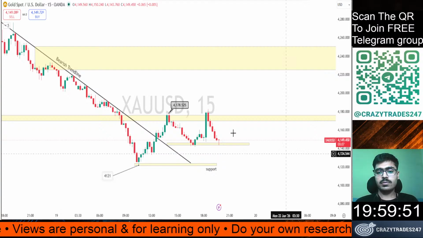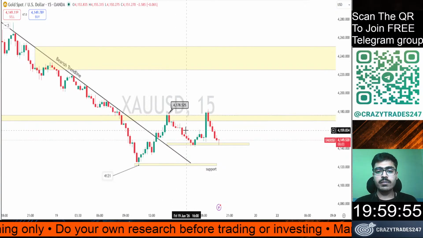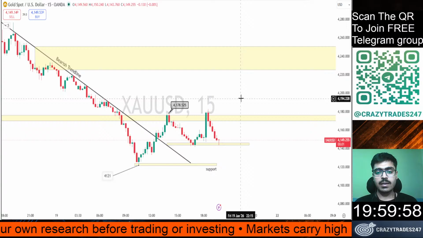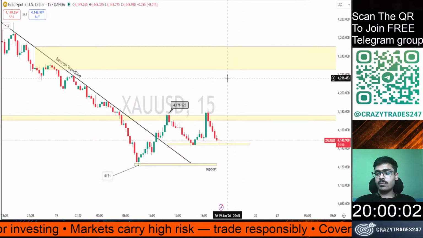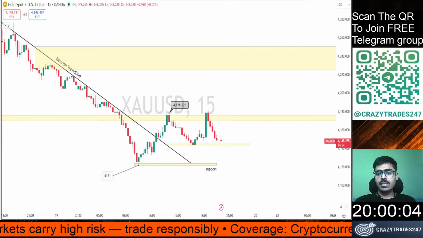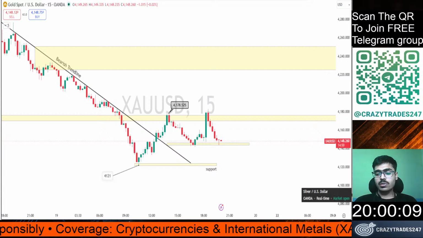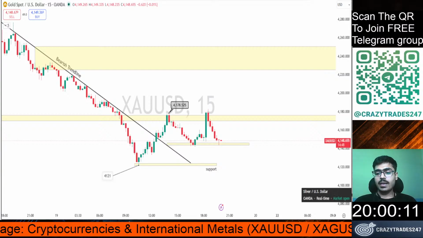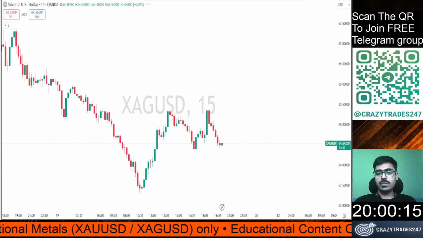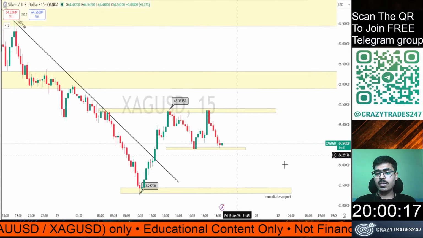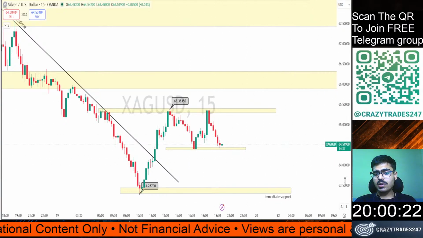Gold and silver showed almost zero moves during the evening session, obviously because of the market closure of the United States. So this was it for gold, silver. I have already marked the important levels, and we will focus on these levels on Monday open.